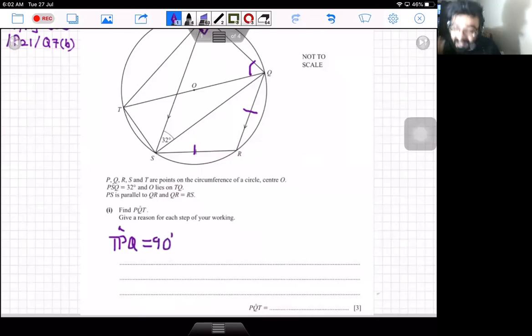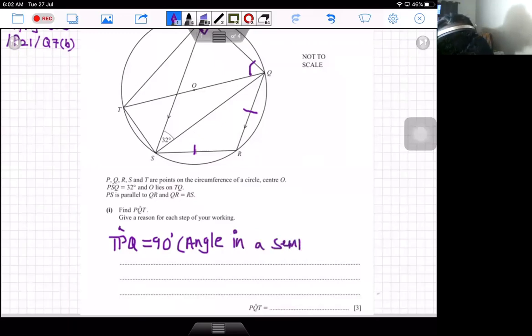Because angles subtended by the diameter at the circumference, or in short, angles in a semicircle. This statement is also acceptable. This is your reason for the first step of finding the required angle.